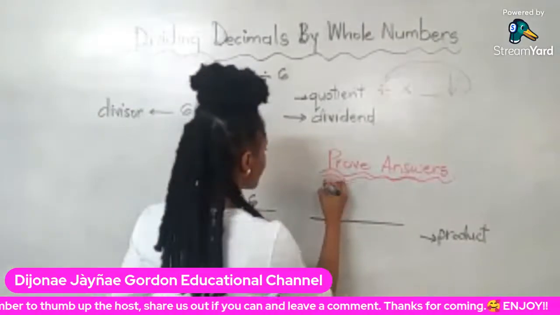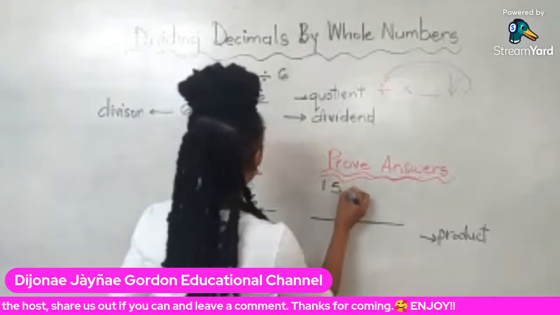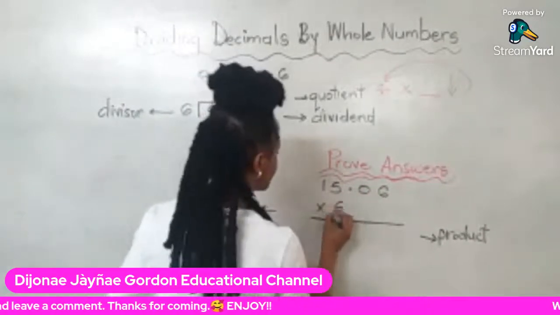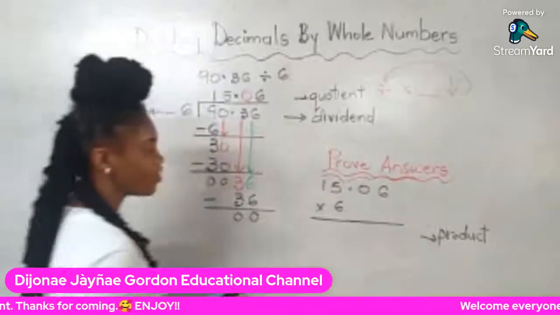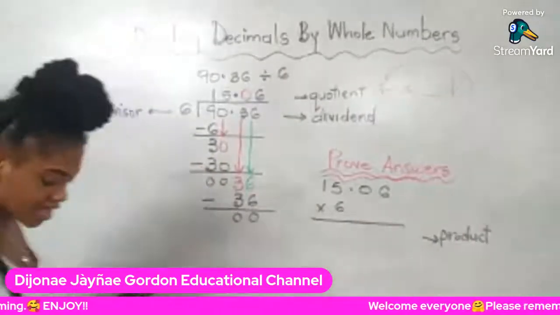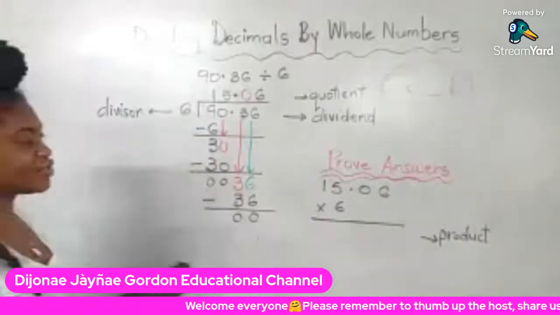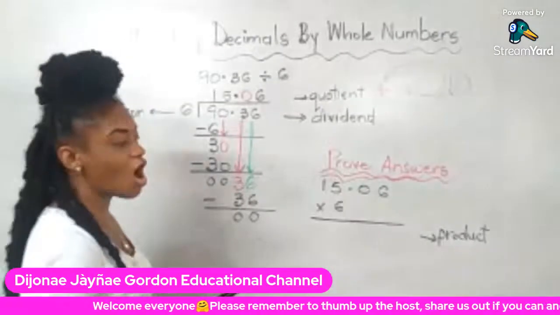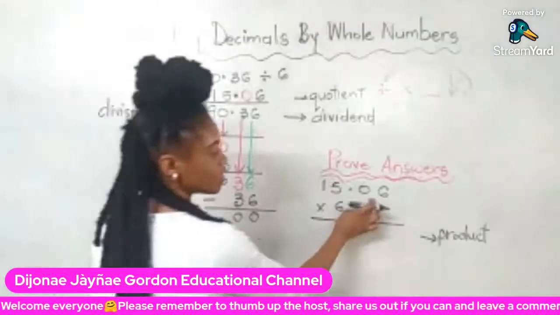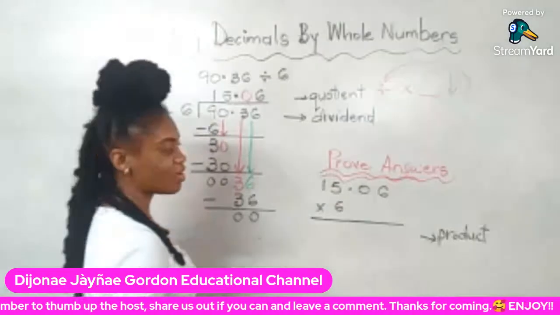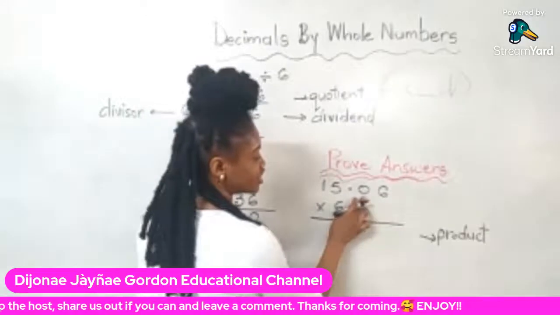So we're going to take 15.06 and we're going to multiply it by 6, of course. And we're going to check to see if our product is correct. All right, the first thing you are going to do is to check to see how many digits you have after your decimal place. And of course, we have 2 digits, 1, 2.